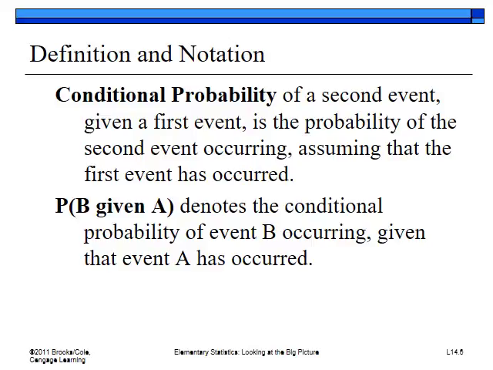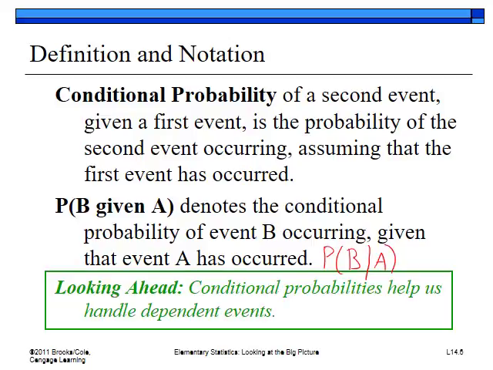Another way to denote this that you'll see is the probability of B, and then a vertical bar to indicate the given, and then A. We'll use conditional probabilities to deal with dependent events.